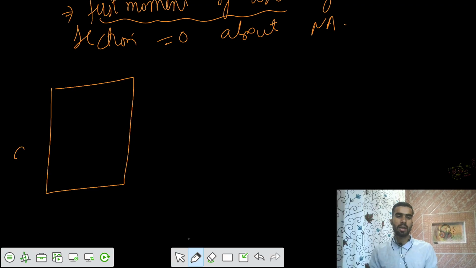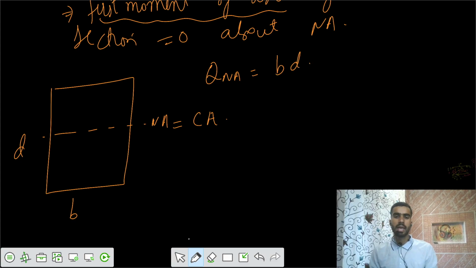This is the depth d and some width b, with some neutral axis. We know that the neutral axis is the centroidal axis. If you ask what is the total first moment of area of the entire section about the neutral axis, I would say Q about the neutral axis is the area BD times the distance from the neutral axis to the centroid.